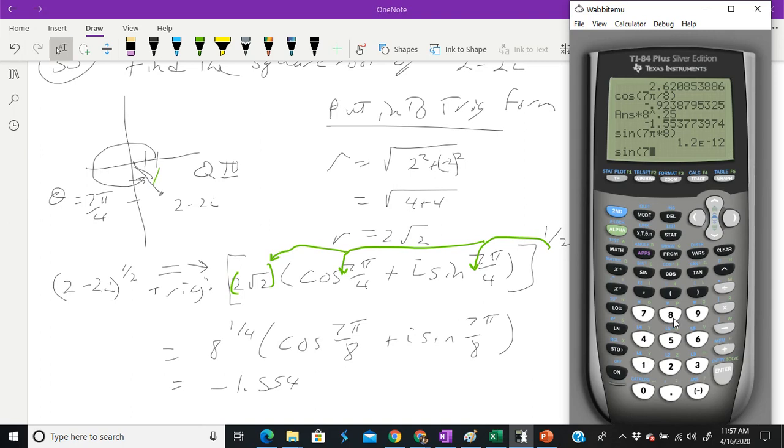Sine of 7 pi divided by 8, not multiplied by. All right, so that's a number that looks more realistic. That other one would put us very, very close to 0, and that shouldn't be where we were. So now we're going to multiply this by 8 to the 0.25 power. Multiply, not divide, because it's the fourth root. All right, I got 0.644, let's say.